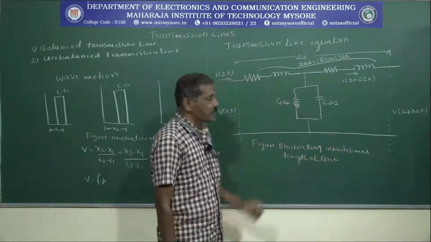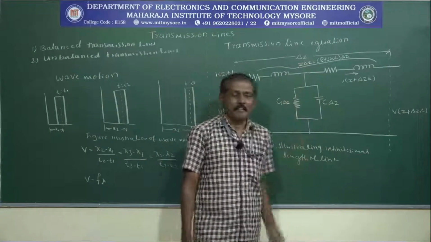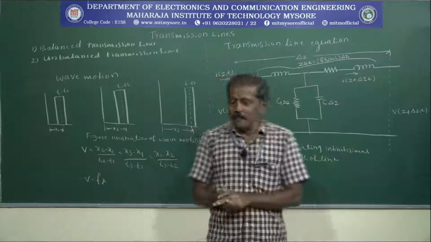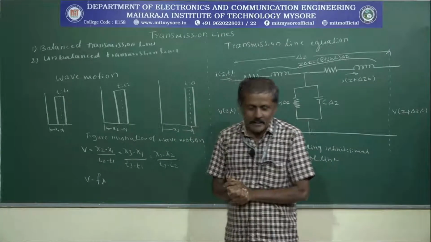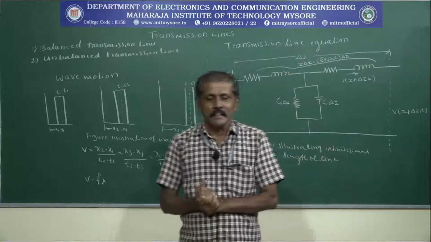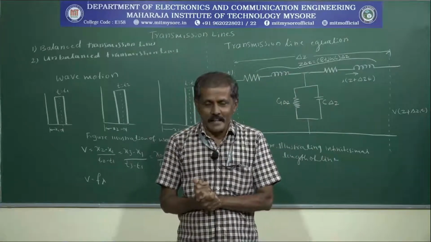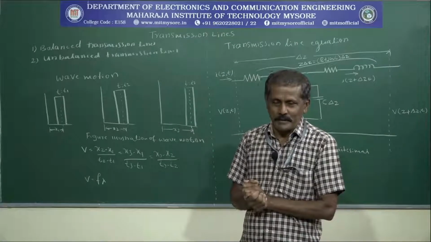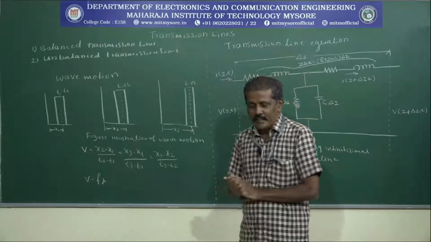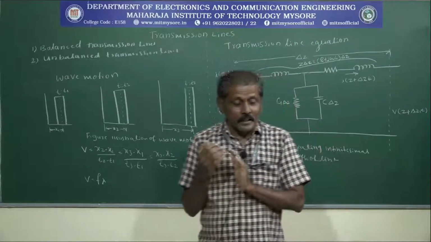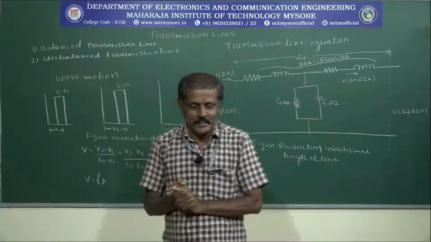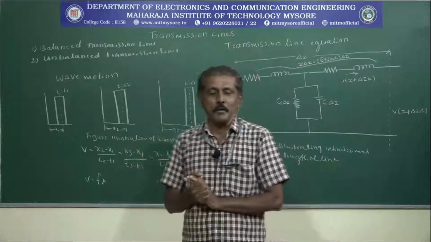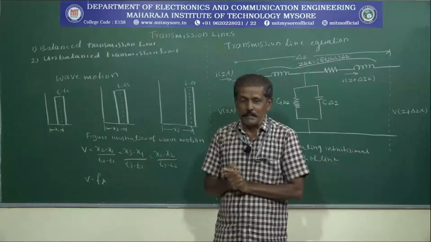Coming to the transmission line equations. Before going to these equations, these transmission lines are considered as distributed parameters. In normal circuit theory, the circuit elements, for example inductors and resistors, are taken as lumped elements.